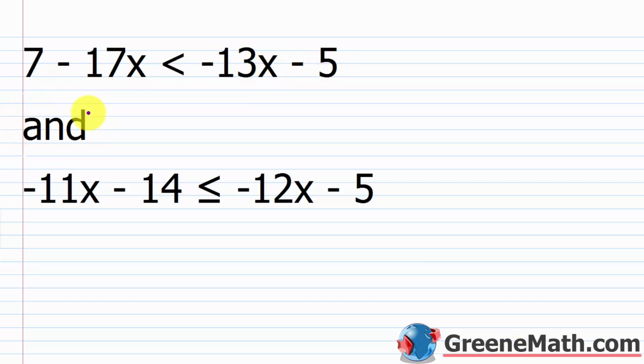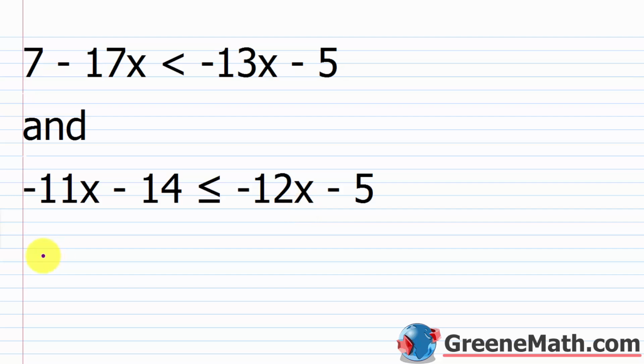And then you have and, you have -11x minus 14 is less than or equal to -12x minus 5. So you can't write that as a 3-part inequality. So you're going to have to go through the method of solving each one individually and then looking at the intersection of the solution sets. In other words, the areas that satisfy both inequalities. Okay, that's what you're looking for.